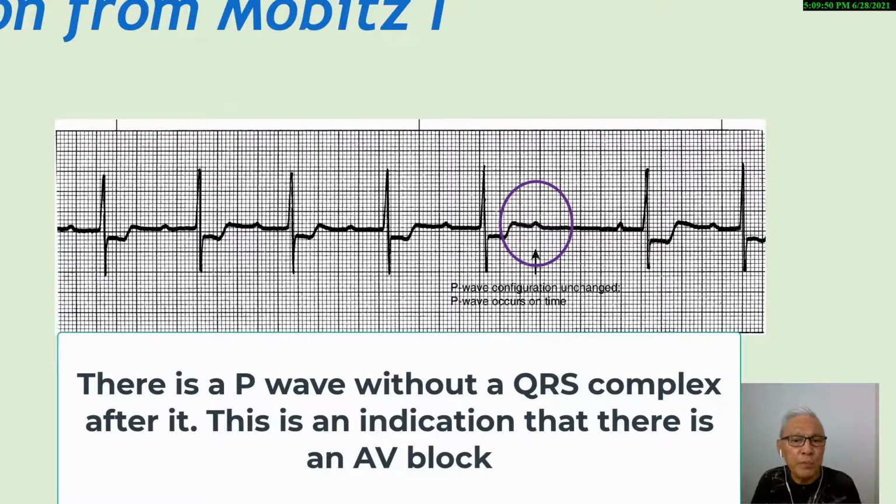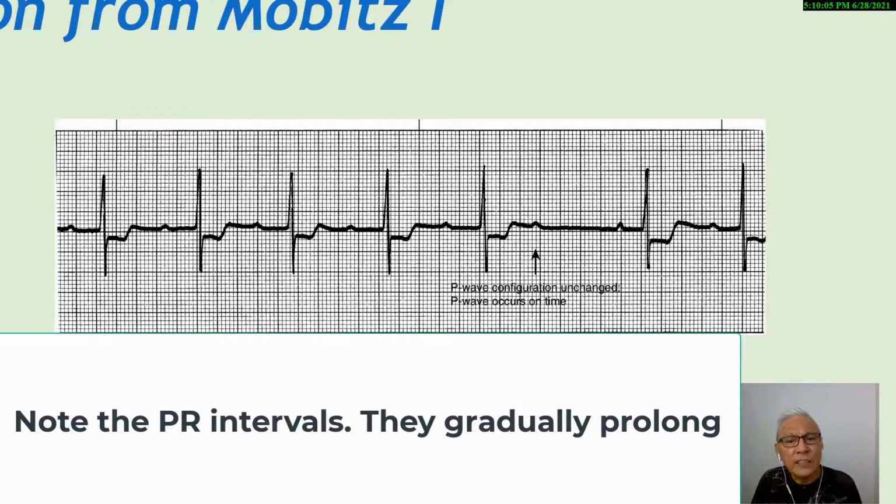So we all know that in Mobitz 1, there is a P wave that is not conducted all the way to the ventricles, and therefore it results in a P wave that does not have a QRS complex. But look at the behavior of the PR interval in this particular strip, the PR interval gradually prolongs until such time that the P wave is no longer conducted.